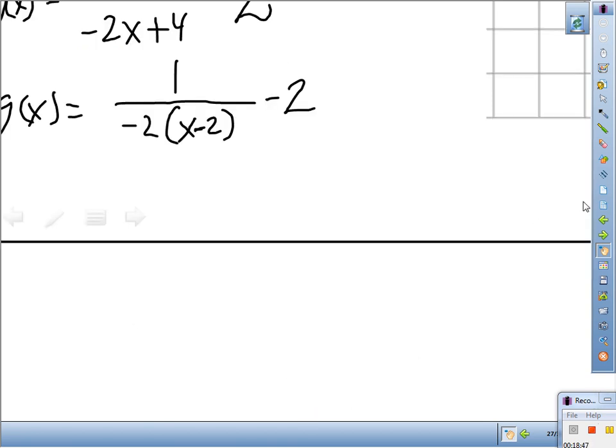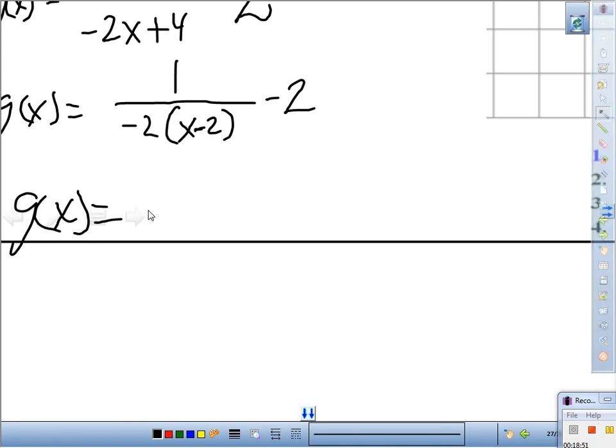Not -2, just a negative. So this would be what? G of x equals -1 over 2 times x minus 2, minus 2. Right? So we can move the negative anywhere we want, but what did we say we're going to move it to? Right here to the middle? Yes?